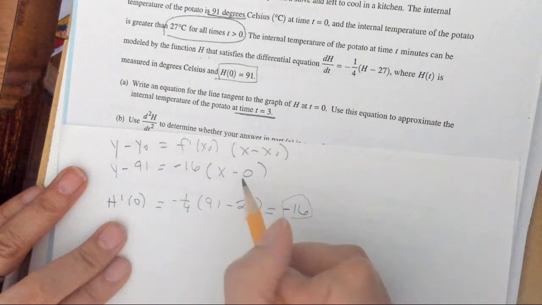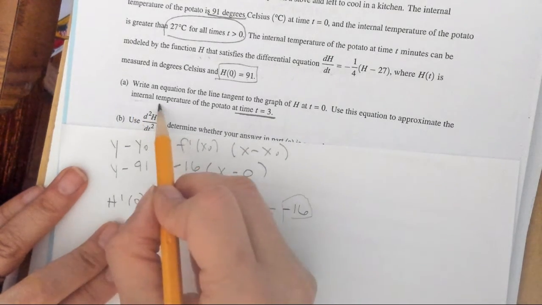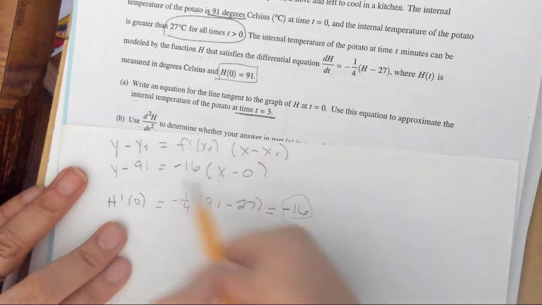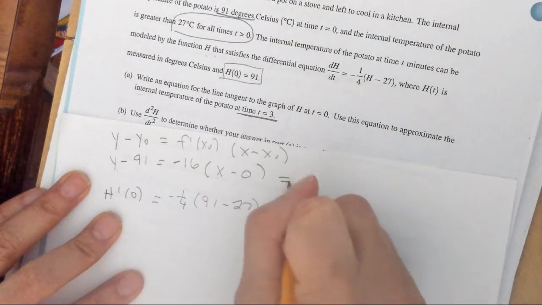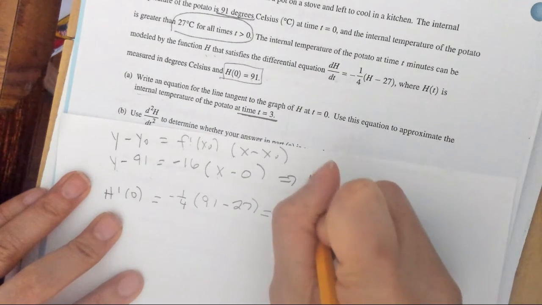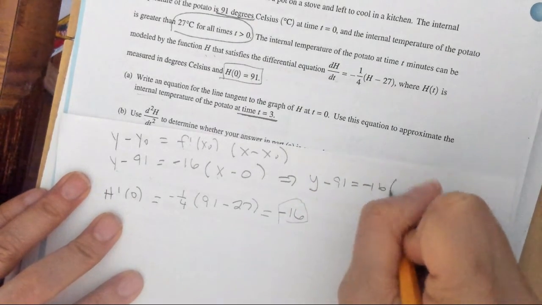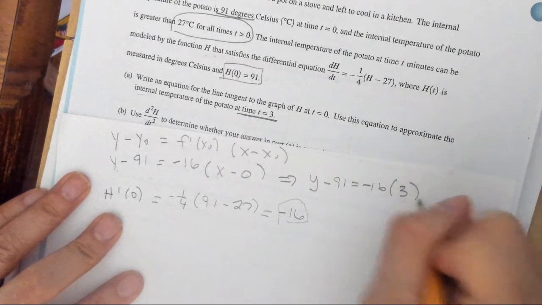So here's the equation of my tangent line. I'm using it to approximate the internal temperature when t is 3. So really this is h and t. I wrote y and x only because I'm so familiar with that. So let's plug in. We're looking for this when we have 3. Well, 3 minus 0, I don't need to write that.